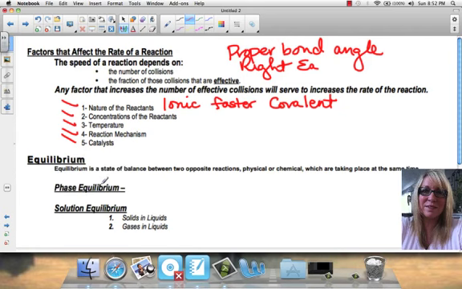We also have equilibrium, which is the balance between two opposite reactions, and it can be physical or chemical. So we have phase equilibrium, which is solid to liquid and then liquid to gas. And technically, if you have a substance that sublimes, you could have phase equilibrium between solid and gas.